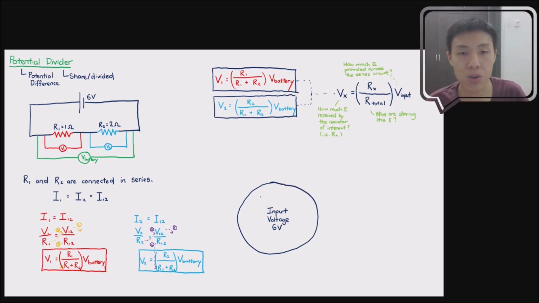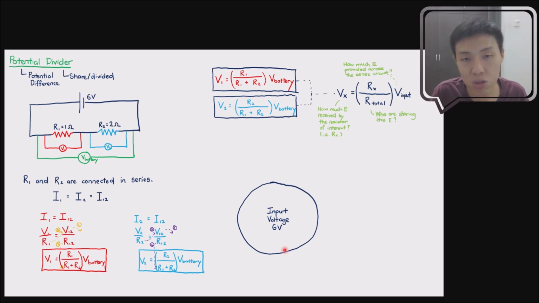But you are going to divide the energy. So imagine this is a whole cake. You are going to split the cake into two, because a part of the cake will be given to R1, a part of the cake will be given to R2. You know that R1 is less in terms of resistance, so R1 needs less energy to pass through. R2 has greater resistance, so R2 will require more energy to pass through.